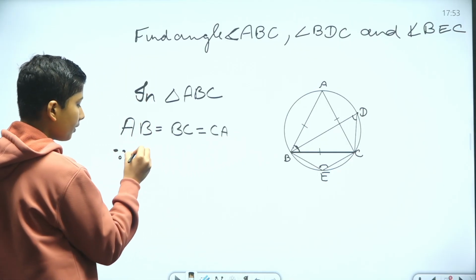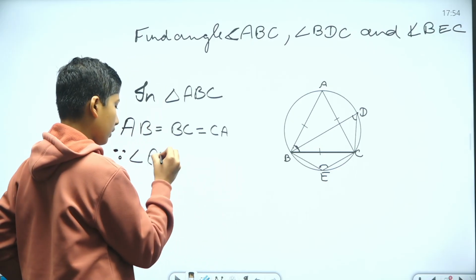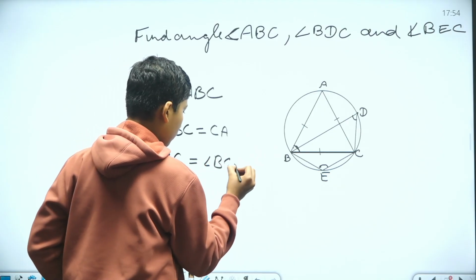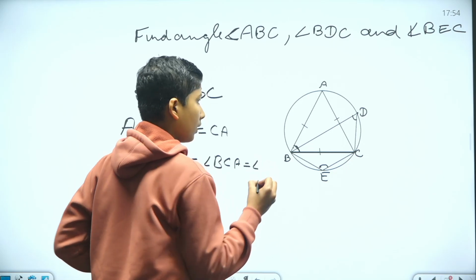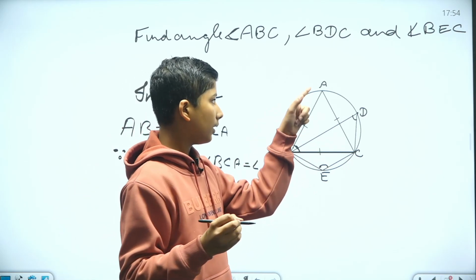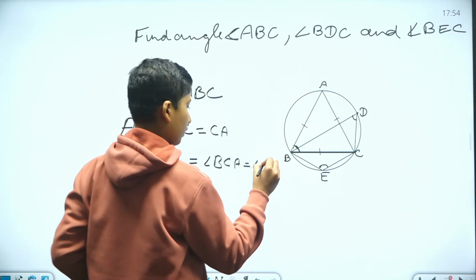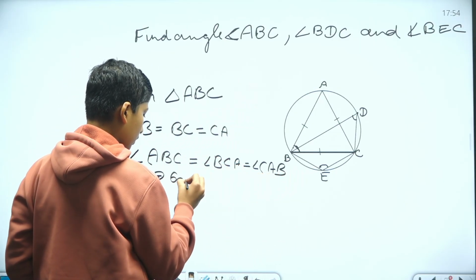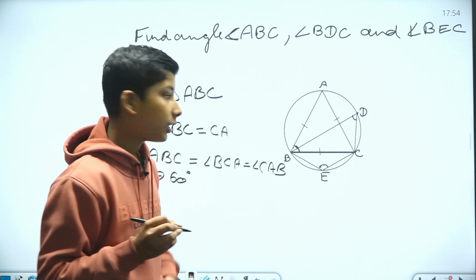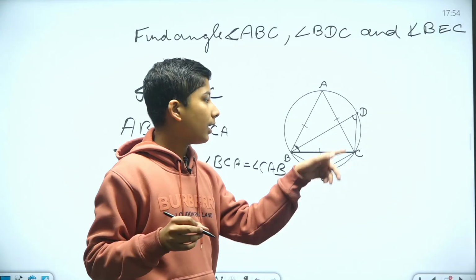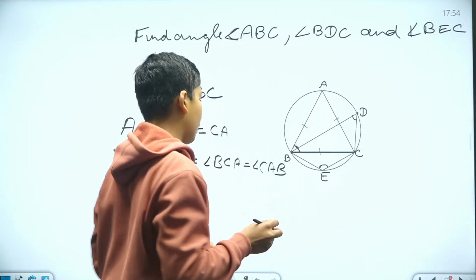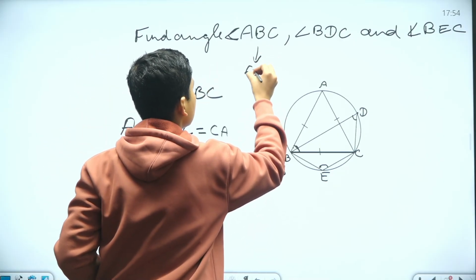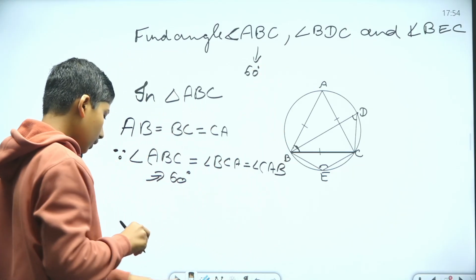Therefore, angle ABC equal to this angle equal to this angle CAB equal to 60 degree. How 60 degree? Because all these sides are equal, so this is an equilateral triangle. Now, this one 60 degree. Okay.